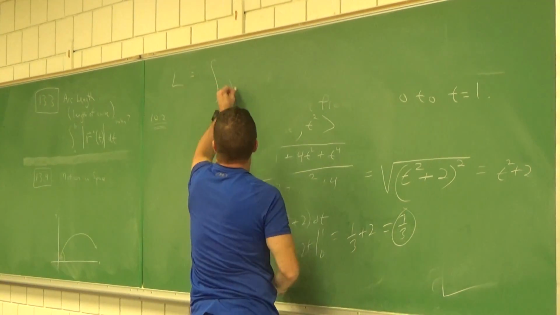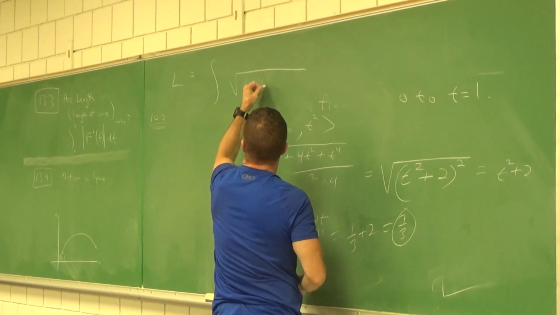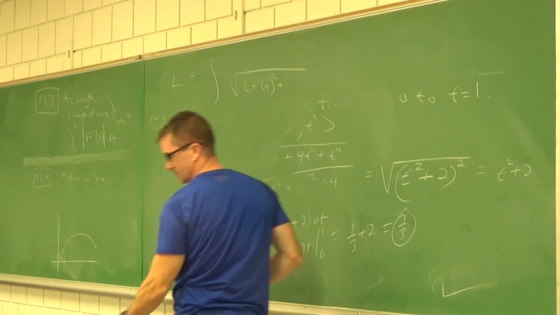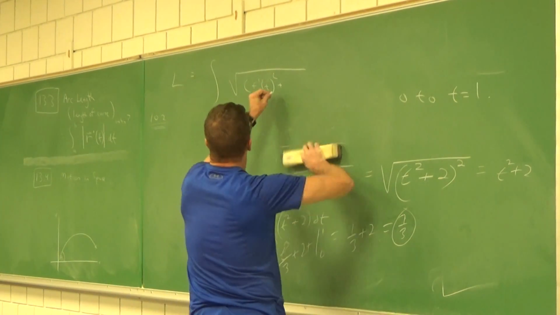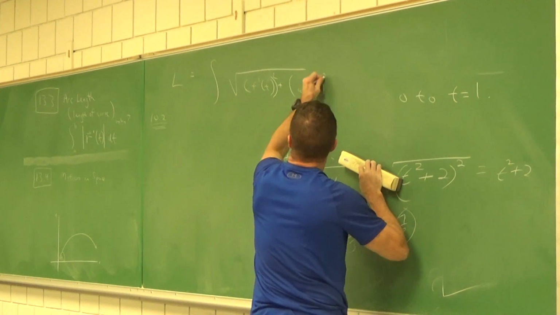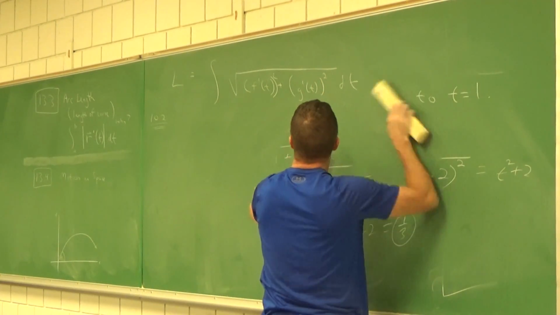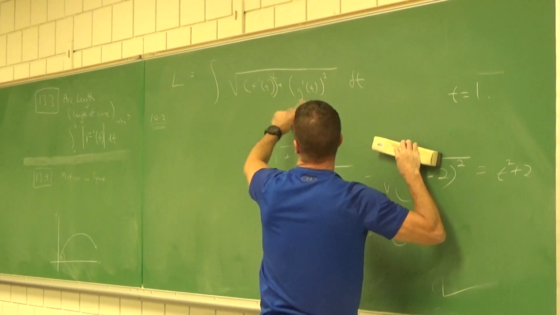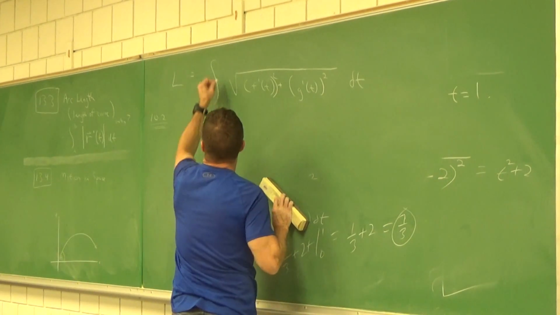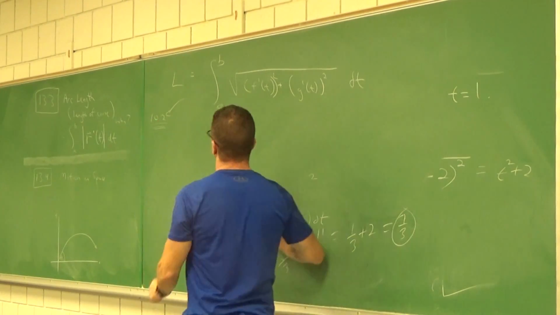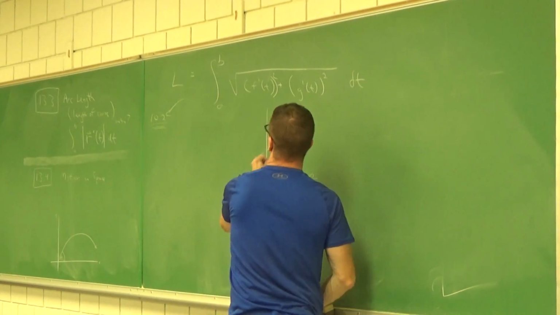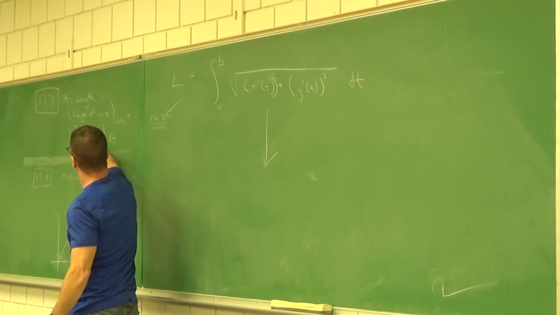F prime of t squared plus g prime of t, dt. Okay, I got all the parentheses there, right? Cool. They just put a name tag, but it's stemming from that section, which lets us turn this into this vector r prime of t.